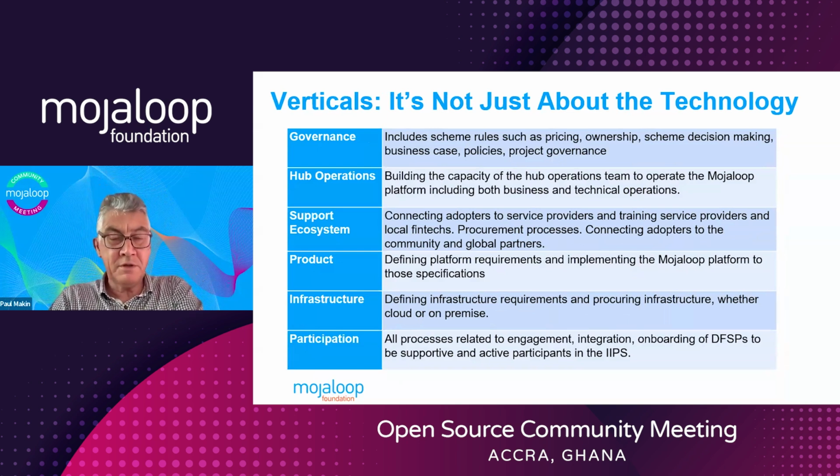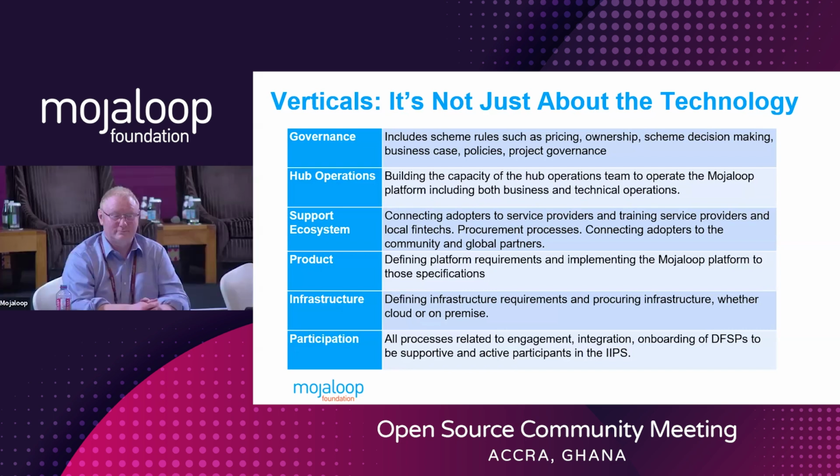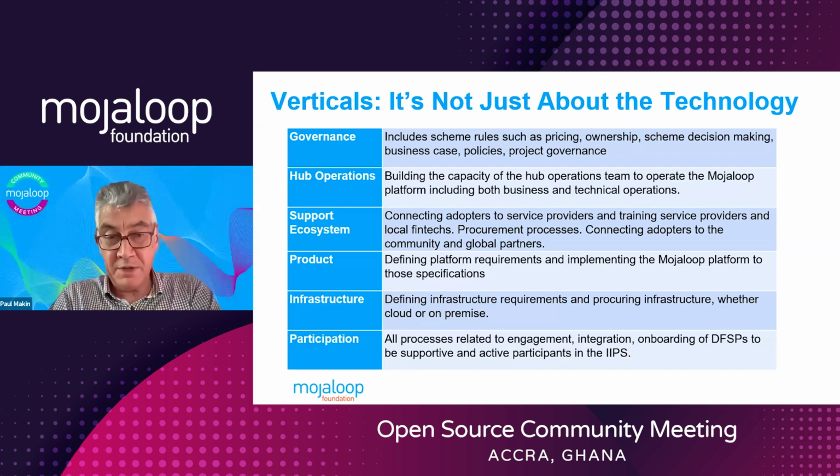So it's governance. You're defining your scheme rules, including ownership, governance, pricing, scheme decision-making, business case, policies, etc. All the stuff that is absolutely essential to get it to work from a business perspective. Hub operations, so building the capacity of the hub operations team to actually operate it.